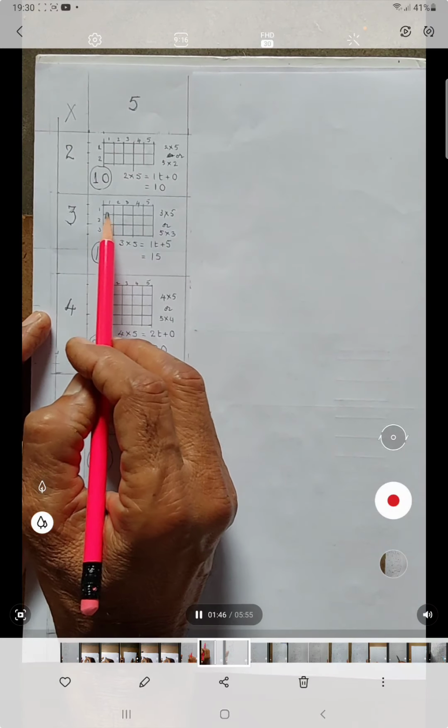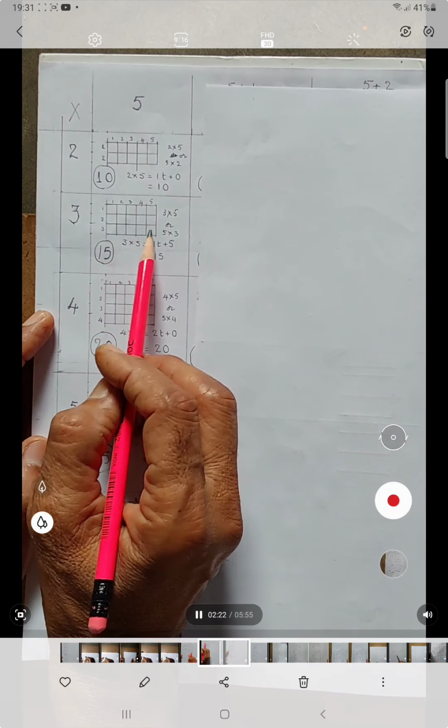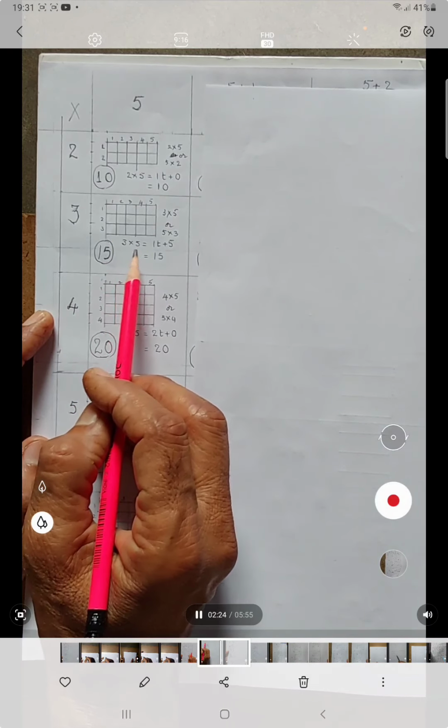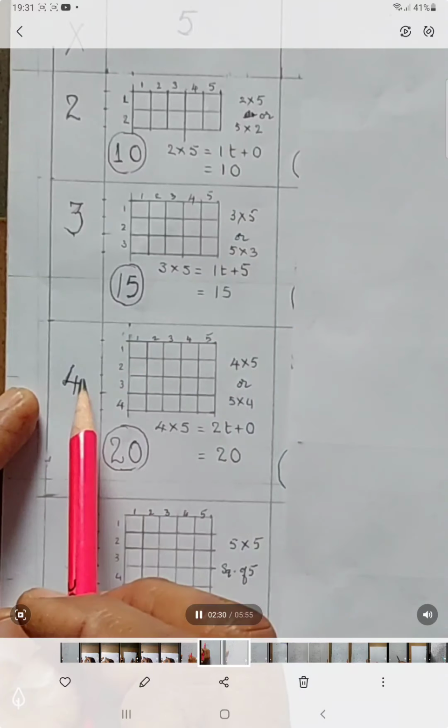So looking at the rows, it is 3 5s or 3 times 5, but looking at the columns, we have 5 3s. So they must be the same. 3 times 5 or 5 times 3 must be the same. And these 2 5s add up to 10, and there's just one more 5. That is, 3 times 5 is 10 plus 5. That is 1 ten and 5, or 15.